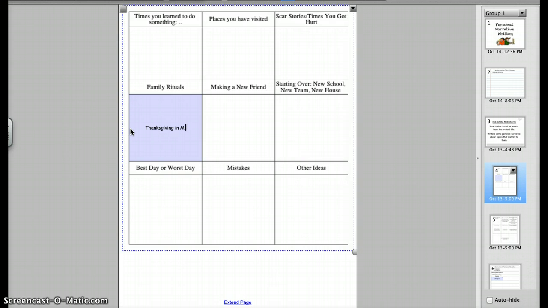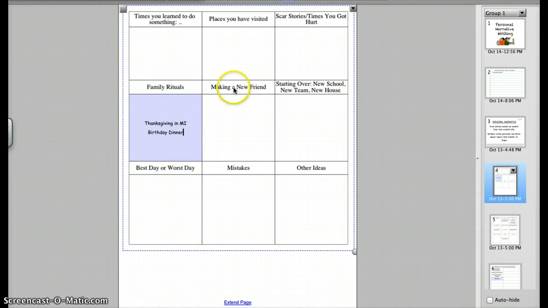Now, you don't have to write a lot of information, just the main idea. Another family ritual that I have is on birthdays. We go out for dinner for each family member that has a birthday. That family member that has the birthday gets to choose what restaurant we go to. So that's kind of a family ritual.